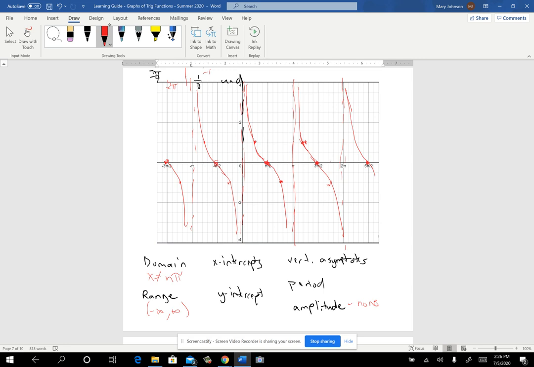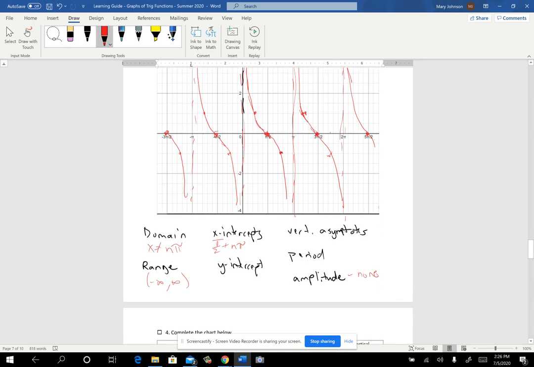X-intercepts happen at pi over 2, 3 pi over 2, 5 pi over 2. So the x-intercepts happen at pi over 2 plus or minus a multiple of pi. All this plus n pi business happens because these trig functions are periodic. So you keep repeating your x-intercepts in both directions.